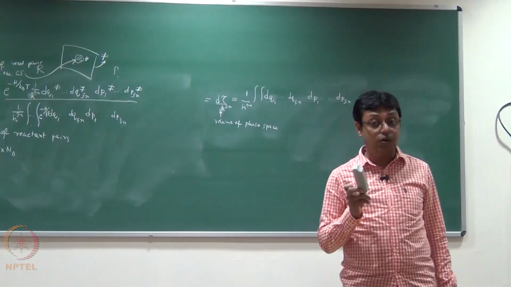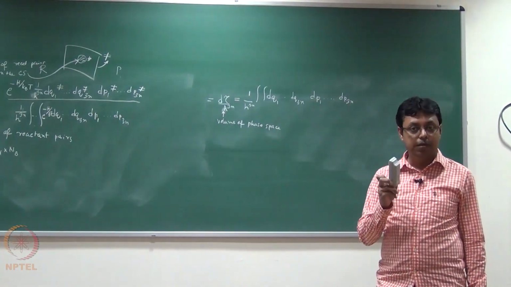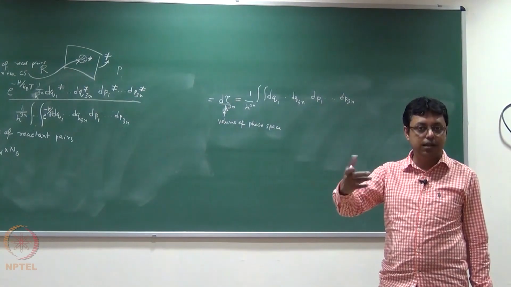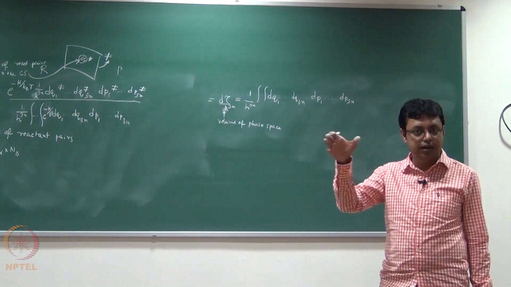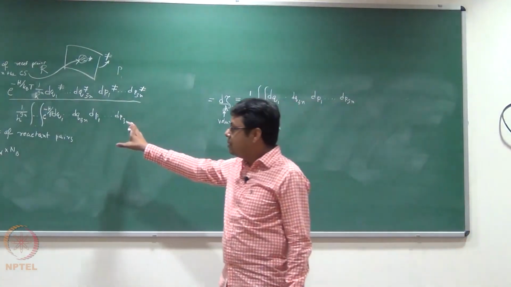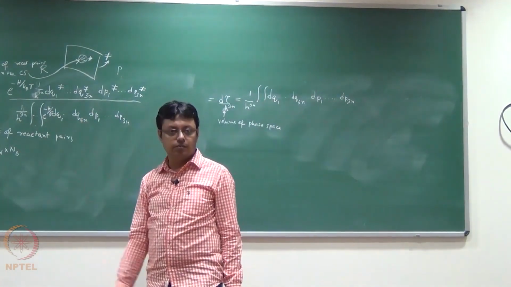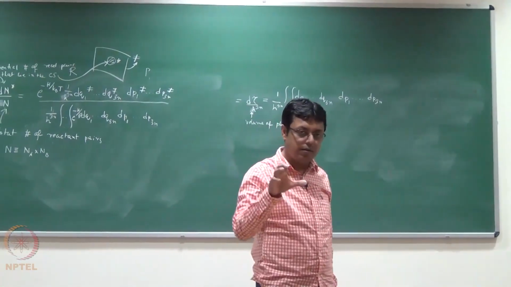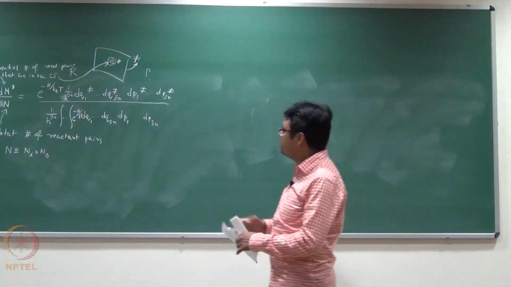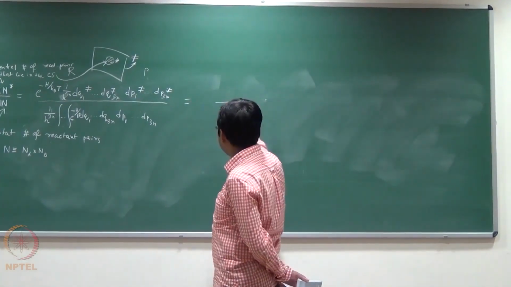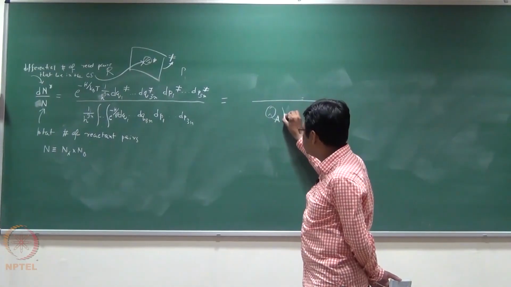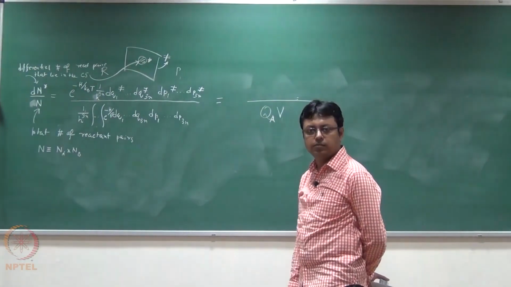Now translational, we always get a V, because you get an L for one dimension and then an L cube, or V, for three dimensions. So this Q is the translational partition function times volume, so I can write the denominator as the partition function of A times the volume, the volume of the container.